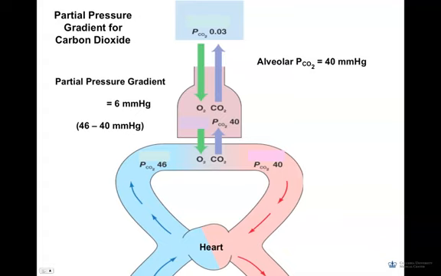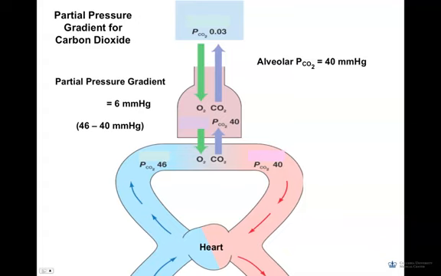If we look, however, at the PCO2 of the air in the alveoli, it actually is quite high compared to atmospheric air, right, which is up here. So atmospheric air has a PCO2 of 0.03, but the alveolar space has a PCO2 of 40. Okay.